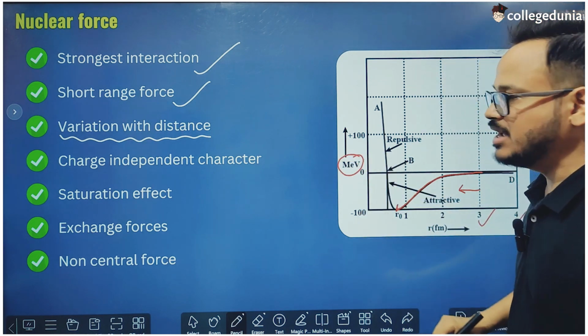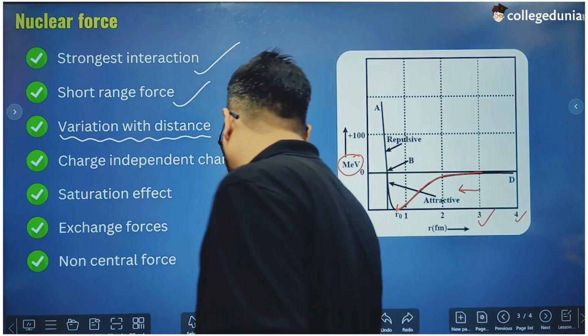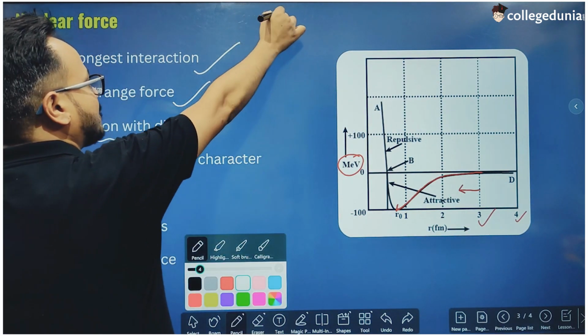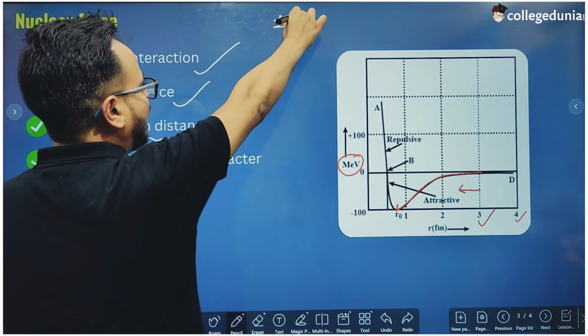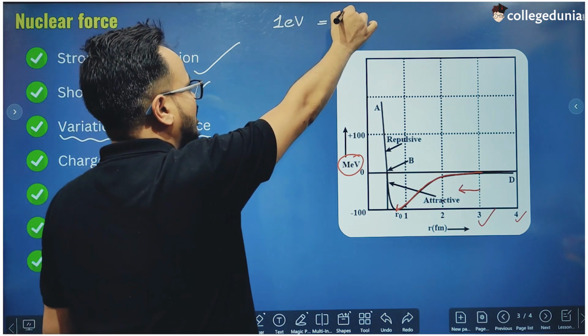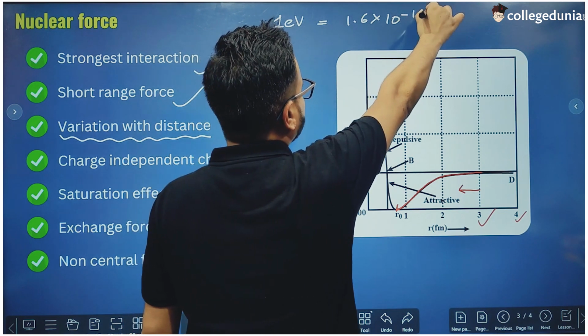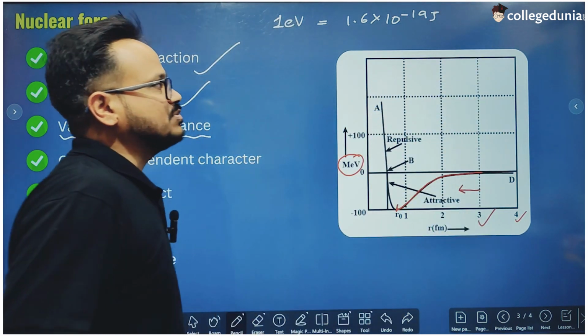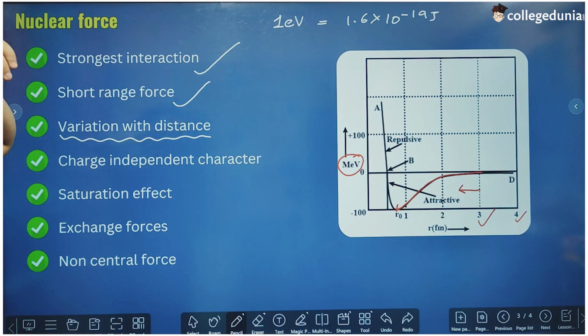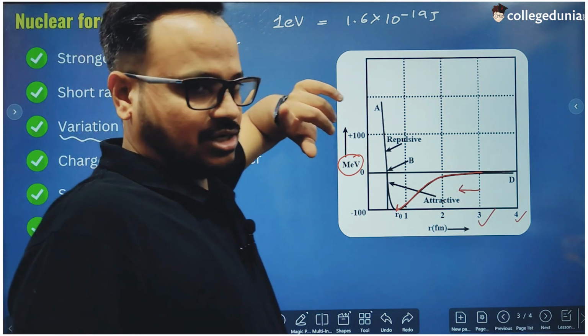This MeV means mega electron volt. What is 1 electron volt? 1 electron volt energy is 1.6 into 10 raised to power minus 19 joule, which means 1 mega electron volt energy is what? Mega is 10 raised to power 6.